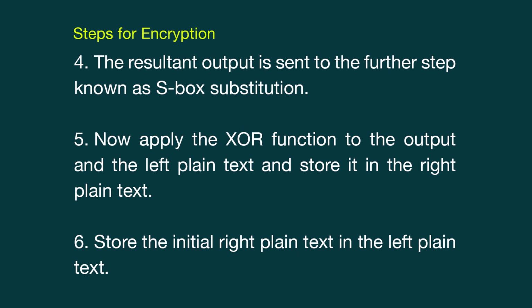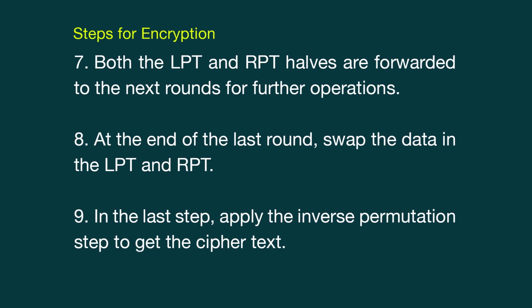Store the initial right plain text in the left plain text. Both the LPT, that is left plain text, and RPT halves are forwarded to the next rounds for further operations. At the end of the last round, swap the data in LPT and RPT. In the last step, apply the inverse permutation step to get the ciphertext.